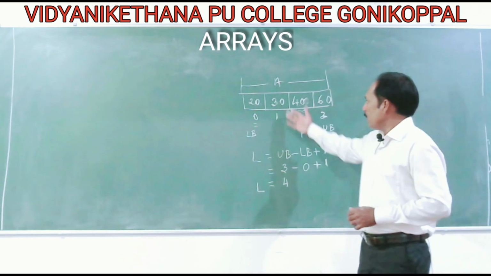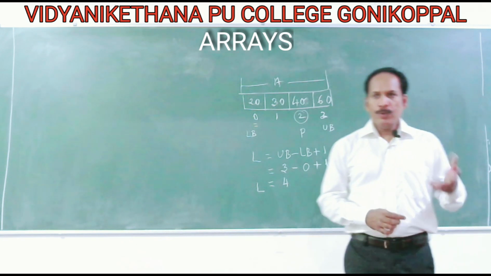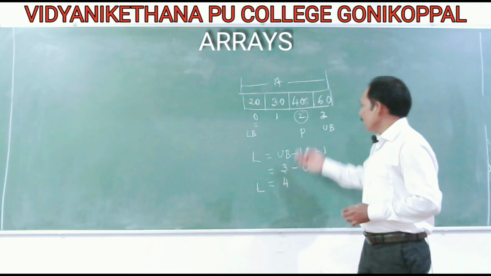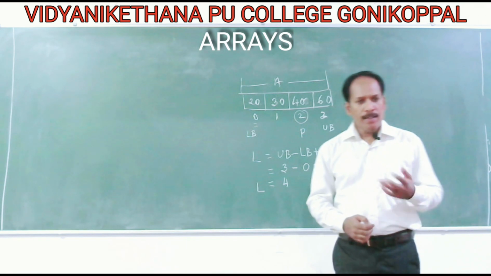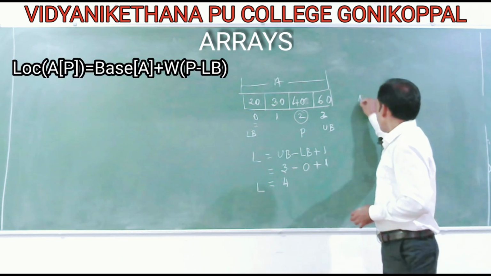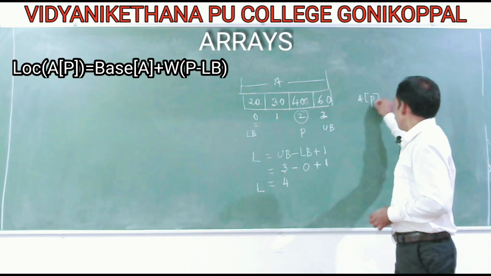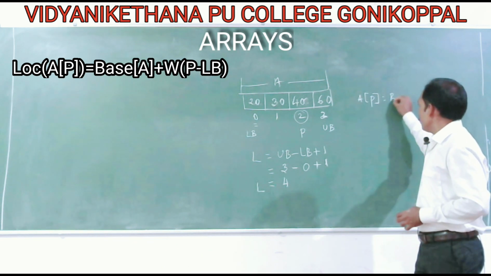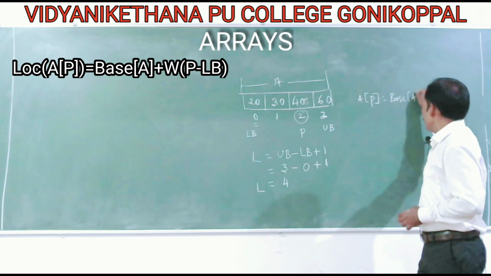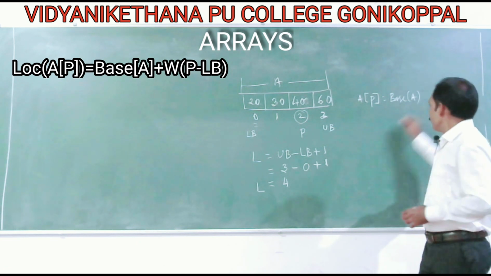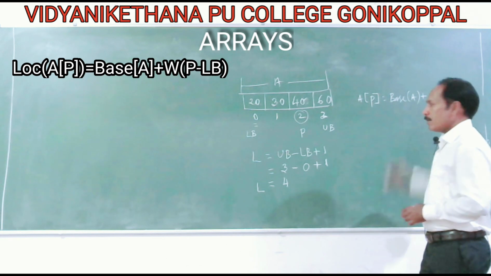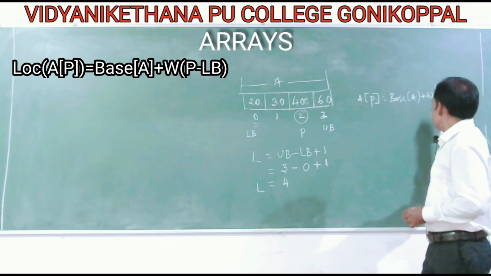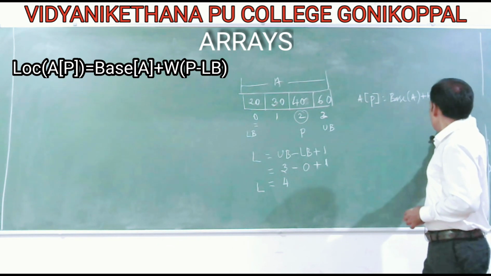To do this, let A be an array with UB and LB as upper bound and lower bound. Then we can calculate the address of any element, like the address of A of the pth element, using the formula: base of A, that is called the base address, plus W, the number of words per memory cell, times P minus lower bound.